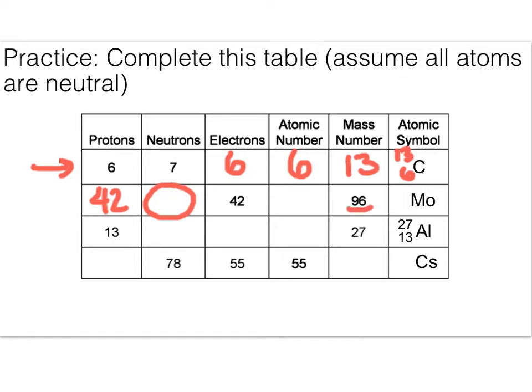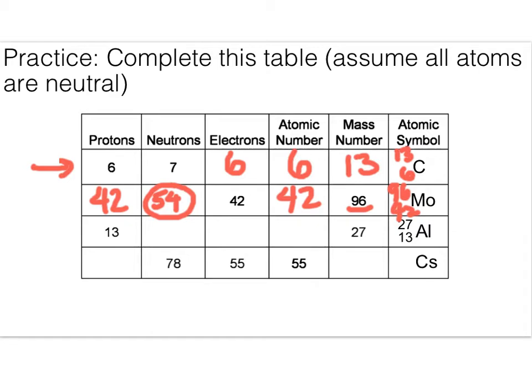Our mass number is our neutrons and our protons added together, so 54 plus 42 should give us 96. And then finally, our atomic number should be equal to our number of protons. Let's see if I can write this small again. Not doing a great job there, but there we go.